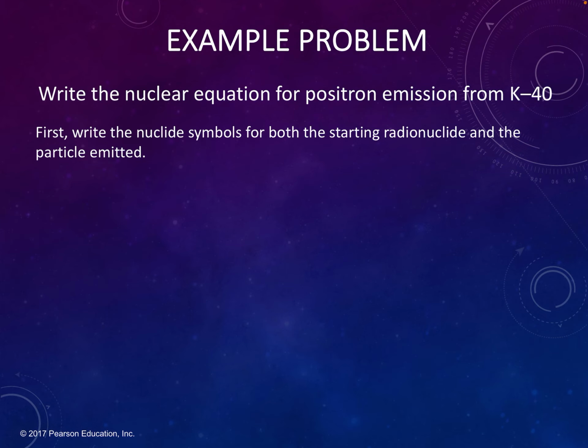So our first step is to write the nuclide symbols for both the starting radionuclide and the particle emitted. So here it is for potassium, right? So K-40, potassium-40, means that the mass of that isotope is 40. Make sure when you're doing these, you're not using the mass that's on the periodic table. The mass that's on the periodic table is the average atomic mass.